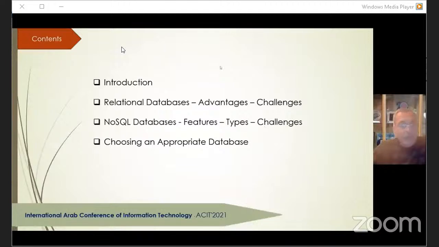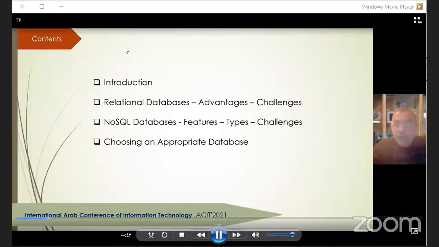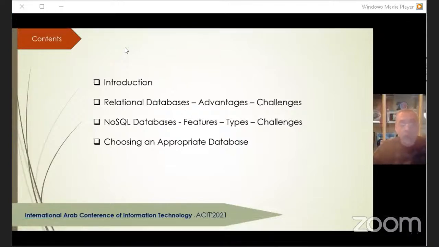We will go through a quick introduction, then the advantages and the limitations of relational databases will be introduced. The NoSQL databases, types, features, and challenges also will be introduced, and we will conclude with choosing the appropriate database model.